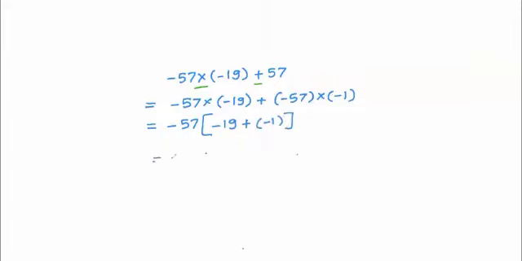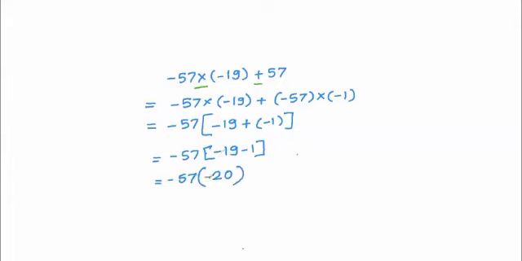So that is equal to minus 57, and inside the bracket minus 19 plus minus, two successive signs which are different, gets a resultant sign as minus 1, which is equal to minus 57 into minus 19 minus 1. Same signs result into addition. So 19 plus 1 is 20, and the 20 comes with the sign of the greater integer, which is minus 19, and hence the minus sign.